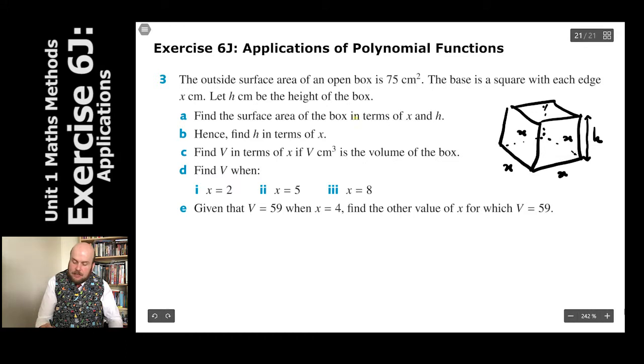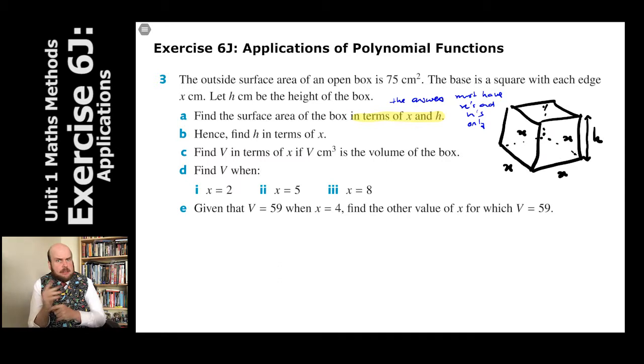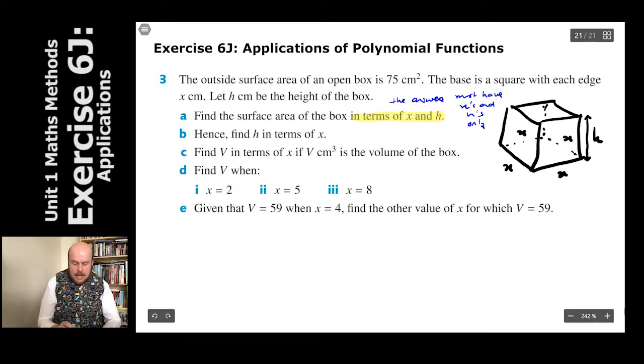Now, if you ever see the phrase in terms of, it means the answer must have x's and h's only. So it can have numbers, but it can't have any other letters. It must have x's and h's. So for the A, we want to find the surface area, so we just need to add up all of these surface areas. It's an open box, so we don't include the top here.